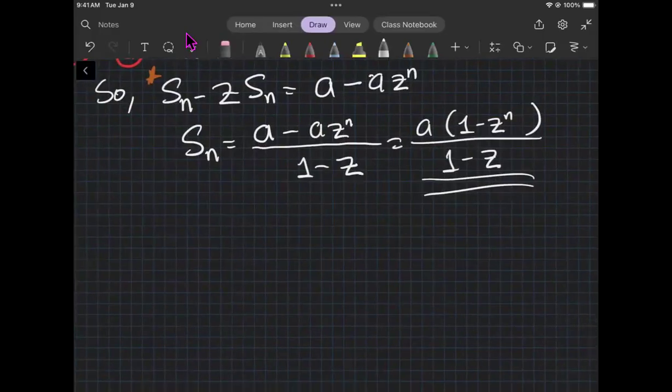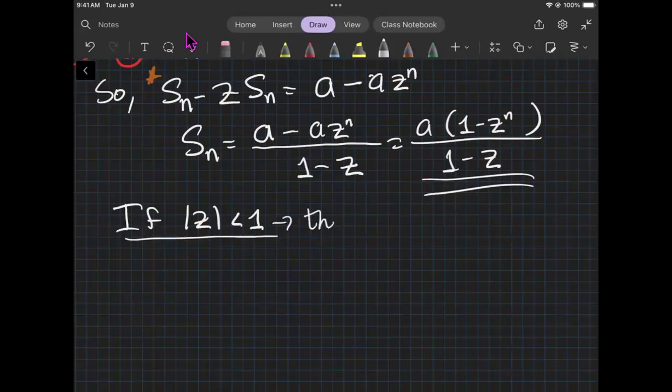Would you know when a geometric series converges? It's exactly what you would expect. If we look at the modulus of z, if this modulus of z is less than 1, then the geometric series converges.